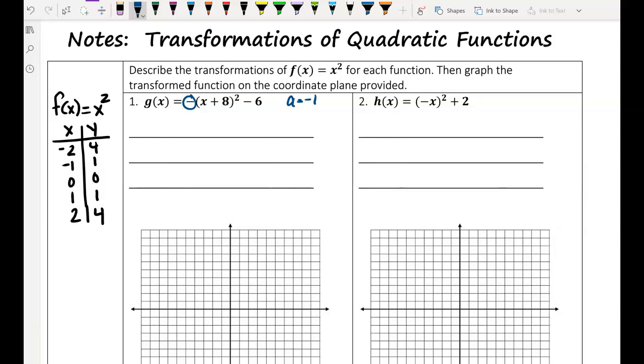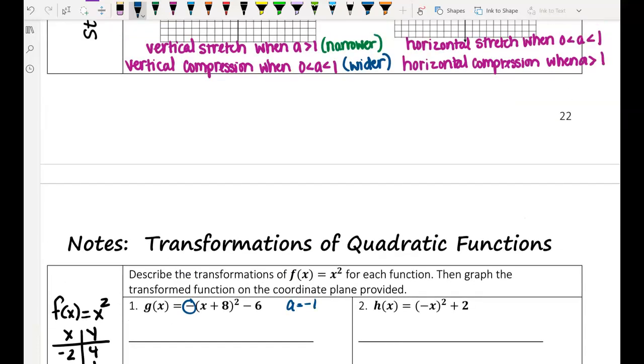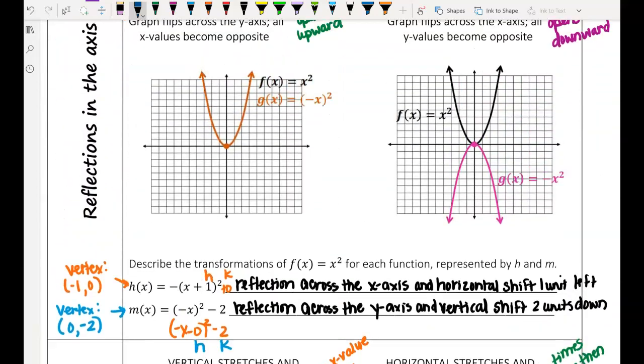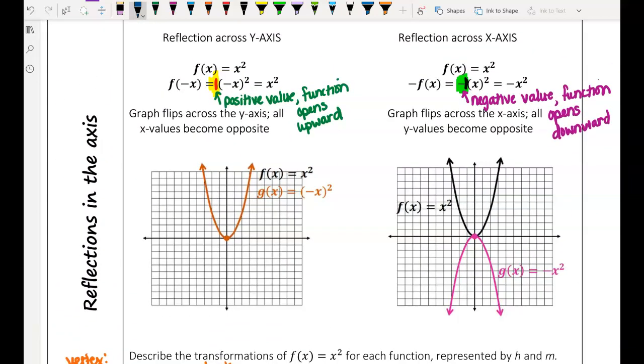If it opens downward, what kind of transformation has to happen from the parent function for it to open downward? Look back at your different examples. Which one shows a parabola opening downward?